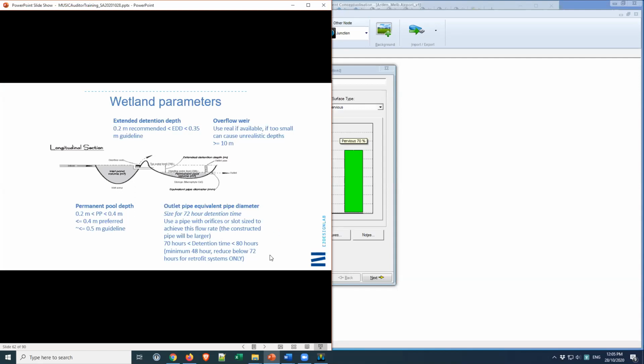But the principle there is that ideally you want 72 hours detention time to get good treatment of nitrogen and your other dissolved pollutants. So we check for that, recognising that if you've got retrofit situations and difficult spots you're trying to get wetlands into, you might let that go down to as low as 48 in those situations. But in any new development, there's no good reason why that shouldn't be 72 hours.